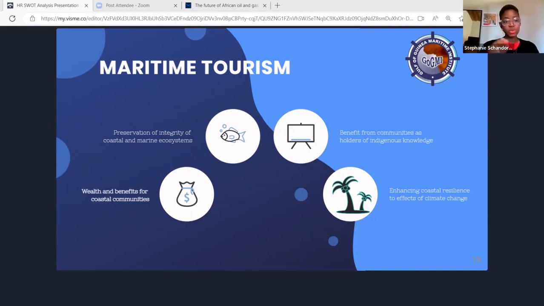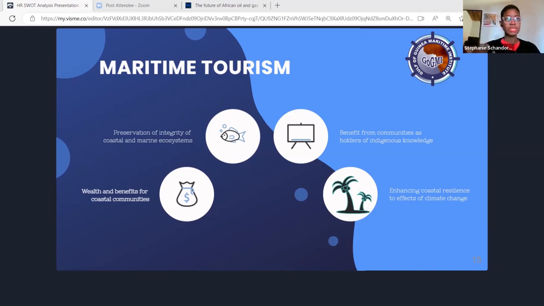So, of course, for this to be effective, the needs of coastal communities must be prioritized, right? Maritime tourism can never be sustainable for people if large tracts of coastal lands are just completely handed off to private companies to develop, and if the communities are actually prevented from having access to the ocean.